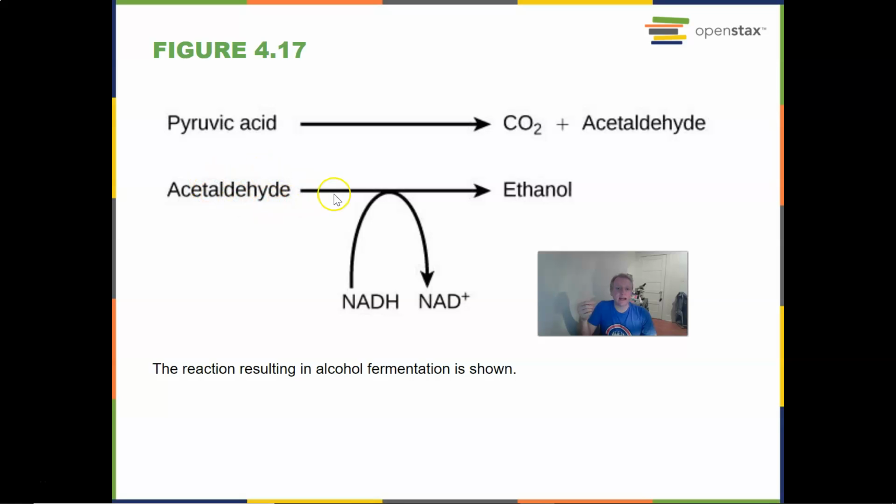And then the acetaldehyde is getting converted into ethanol, and we are regenerating our NAD through the process of converting acetaldehyde into ethanol. Okay, this is what's taking place in yeast. Many bacteria will do this, but fermentation is the reason that we have things like beer and aged cheddar and bread, which is like my food pyramid.